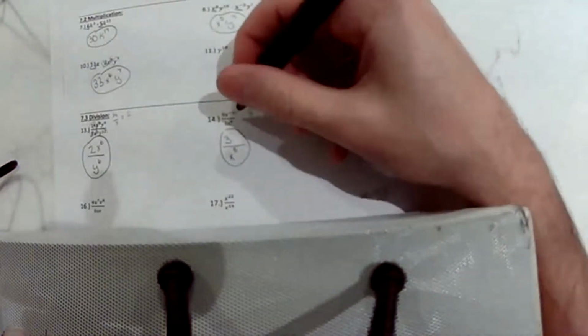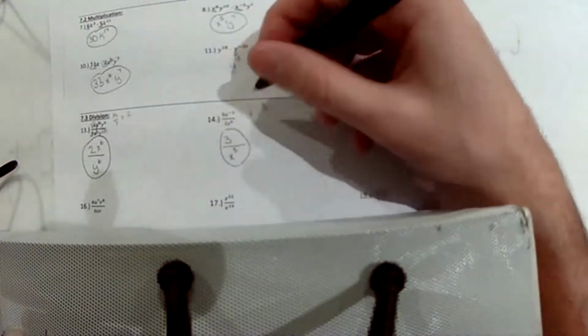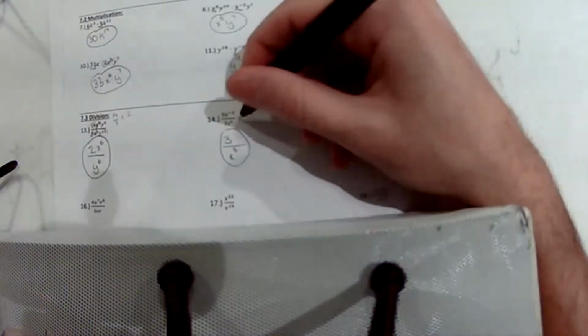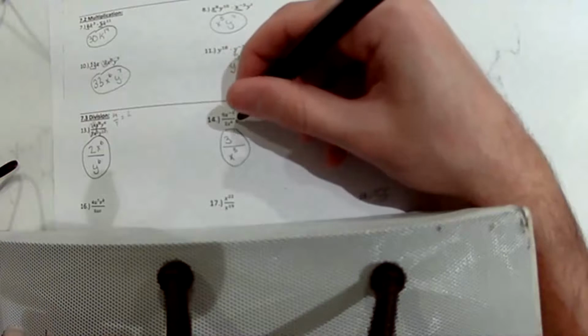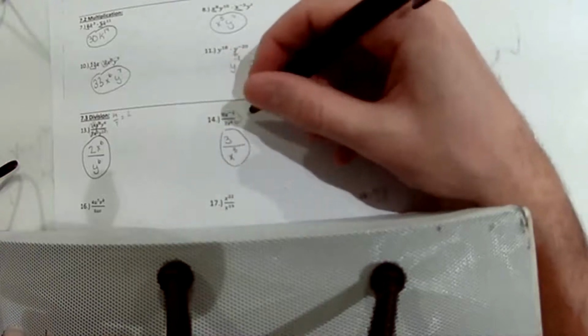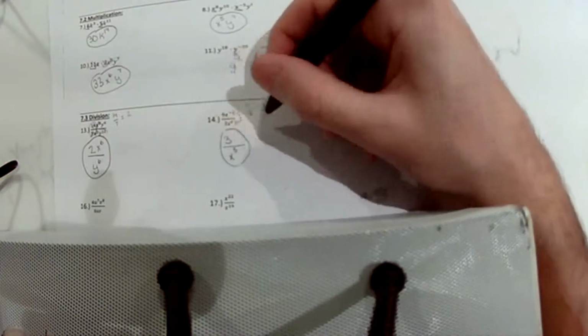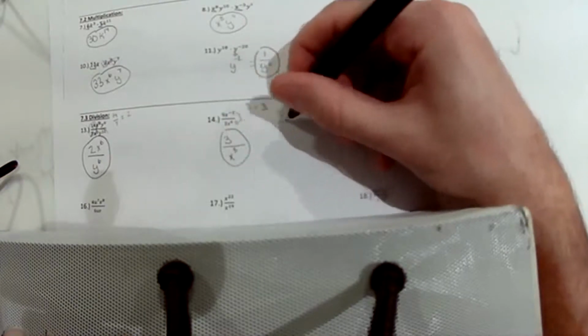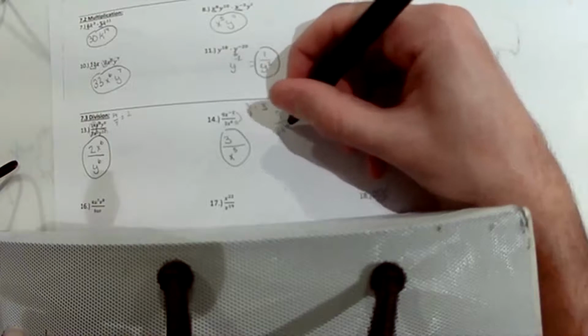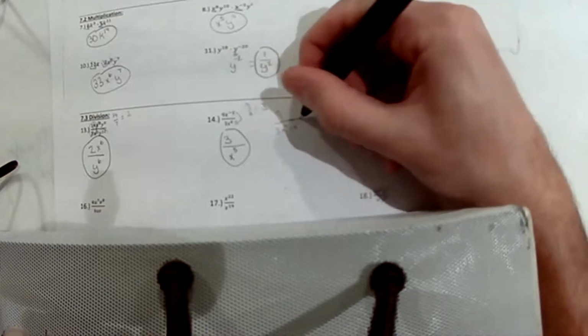The other choice, if you don't like doing that, is since this is a negative exponent, you could bring it down here. This is a little bit more complicated, but this is what you could do. You could take this negative exponent down to the bottom, and be left with 9 over 3 x to the 4th times x to the 1st.